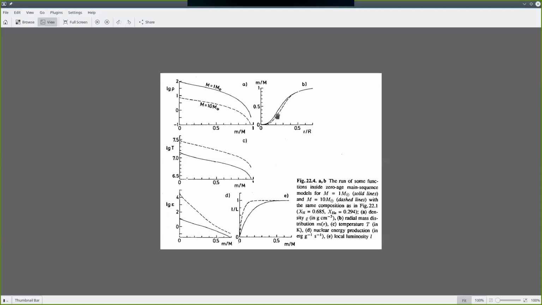And you can see how this fraction with respect to the total mass varies with the fraction with respect to the total radius. You can see that for 1 and for 10, the behavior is quite similar, almost the same.